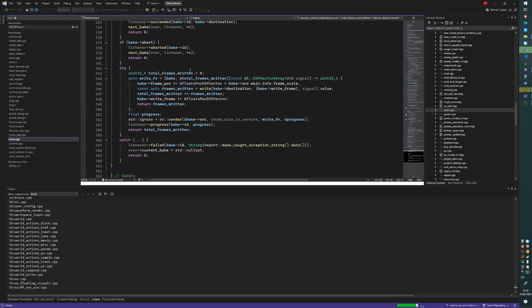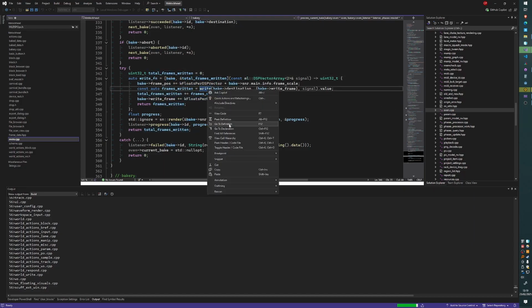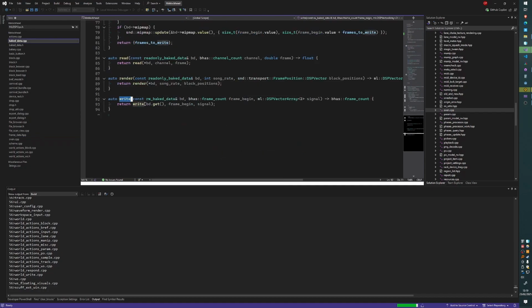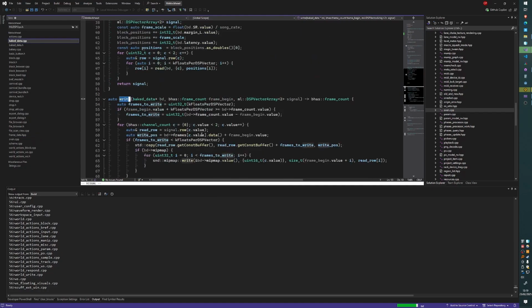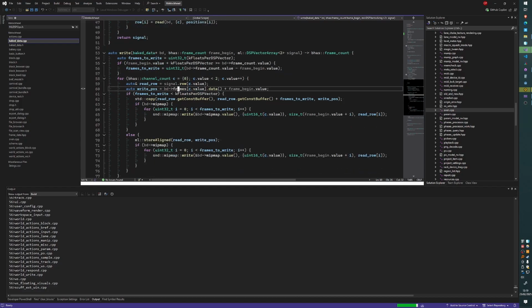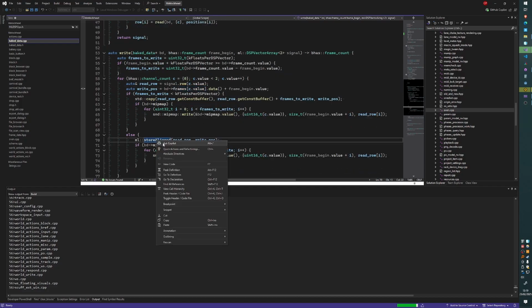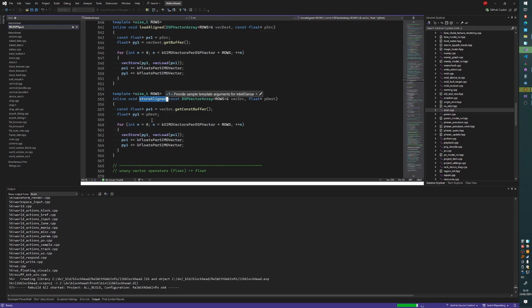What I could do, well, I was going to say I could go through all of the array accesses, like for example this, and replace it with the .at so that it throws an exception, but I don't think that's the actual issue at all, because again the crash was happening in here.